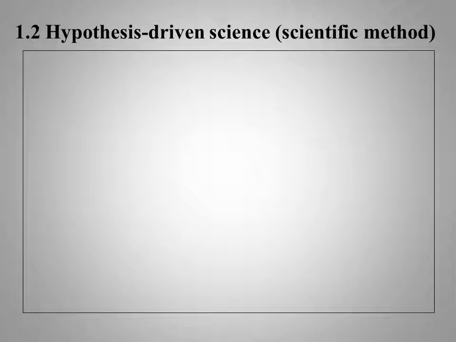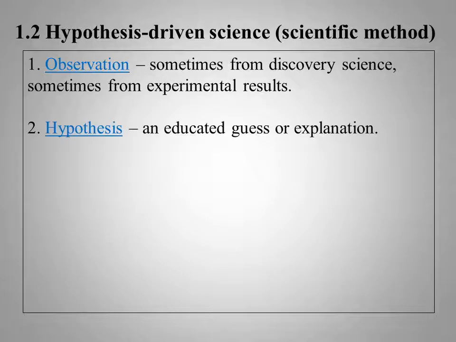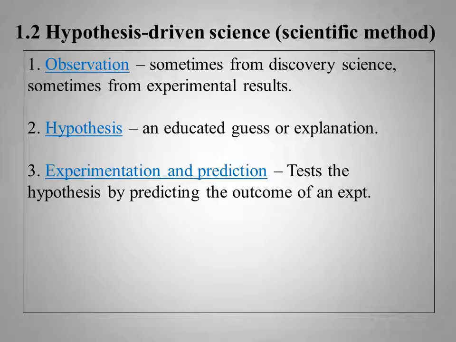Hypothesis-driven science, also known as the scientific method, includes 5 key steps. The first step of which is observation, also sometimes coming from discovery science or experimental results. The second step is the hypothesis step, in which you make an educated guess or an explanation for your observation. The third step is experimentation and prediction.